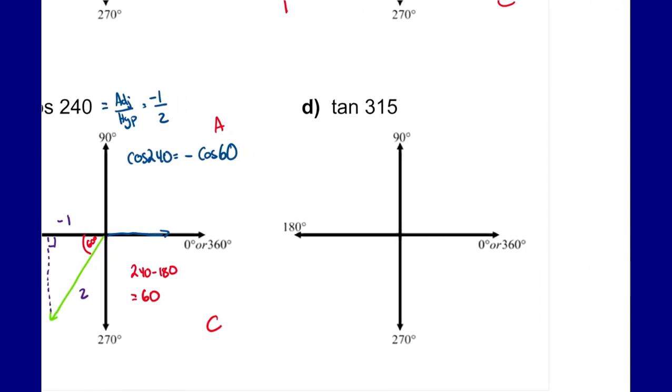For D, tan of 315. Again, I'm going to draw my initial arm. My terminal arm is going to be somewhere over here. My reference angle is going to be here. To figure out that reference angle, 360 minus 315 equals 45 degrees. This is 45.